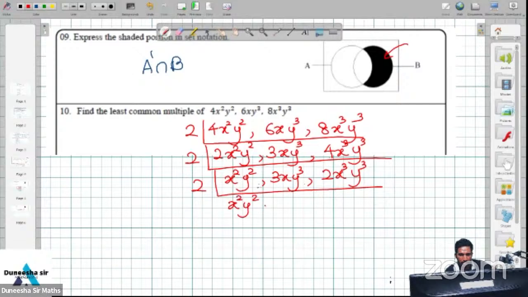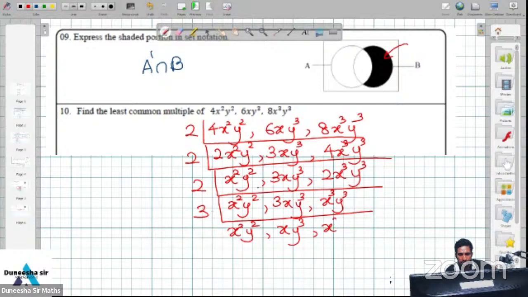Then we can divide by x, y. Okay, I am dividing it by 3. 3 වලිනුත් බෙදලා ඉවර කරමු.